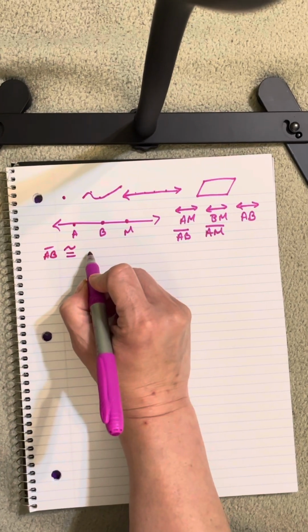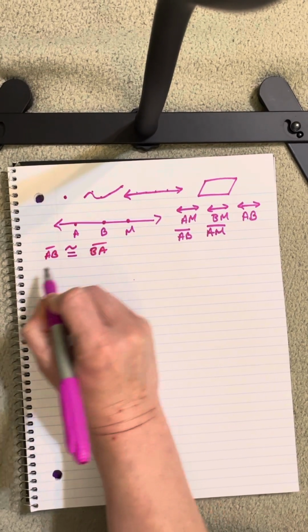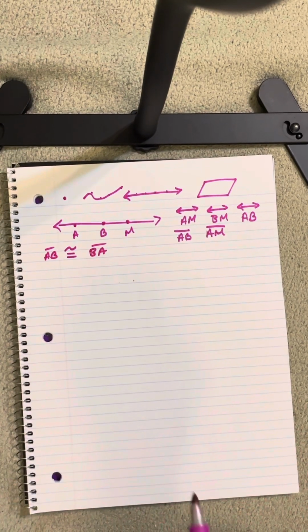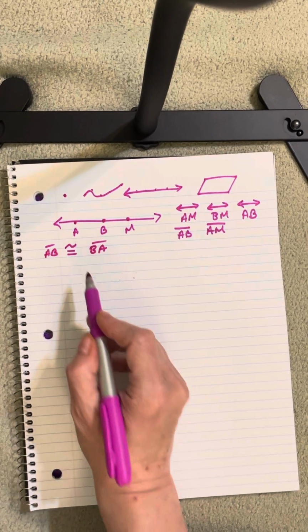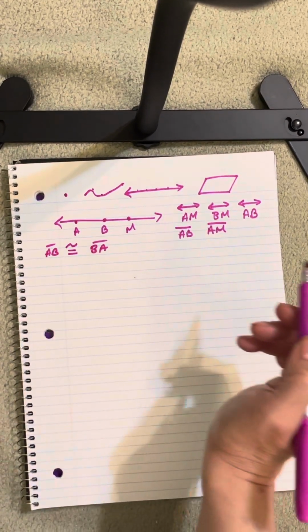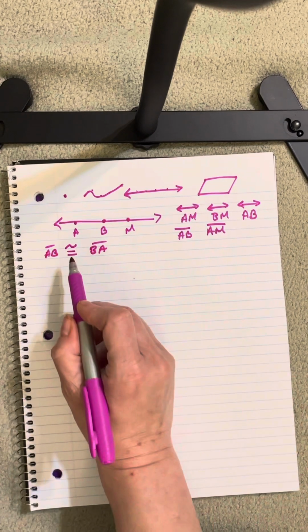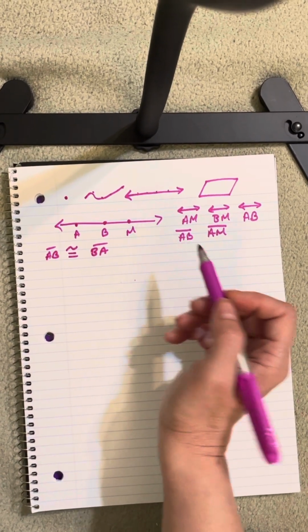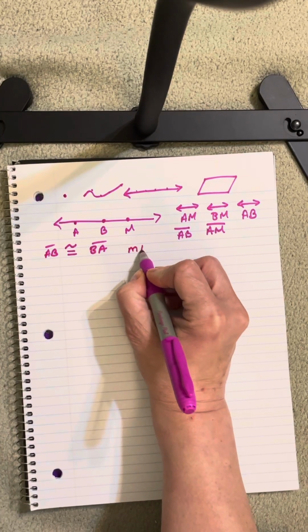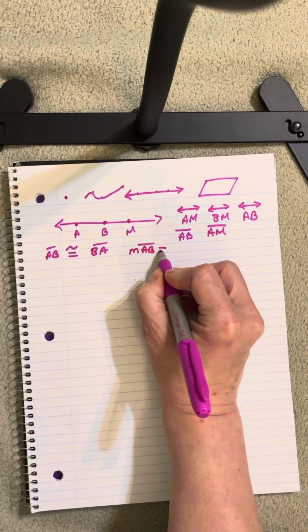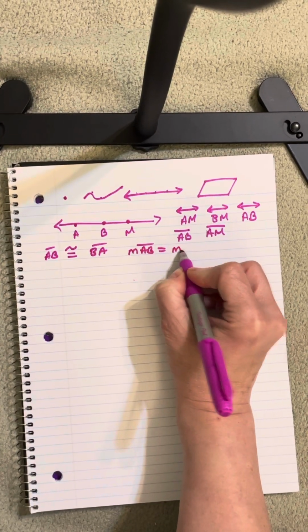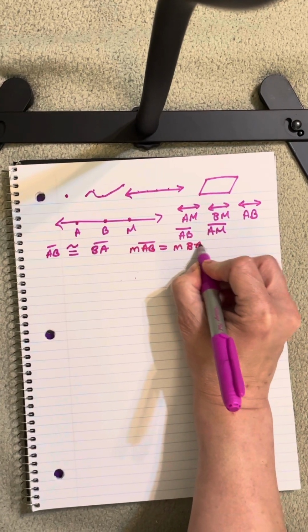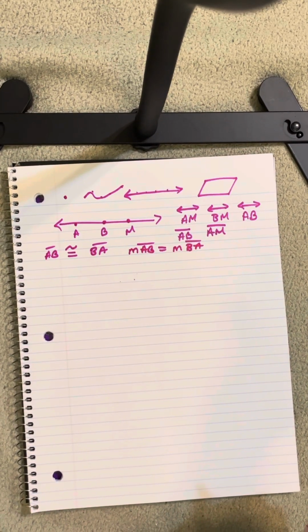Segment AB is the same as segment BA. It's congruent to segment BA. I am trying to indicate with this symbol that it is the same shape and size. So this is the symbol for congruency. It is the same thing if I wish to say the measure of AB is equal to the measure of BA, both of those being segments.